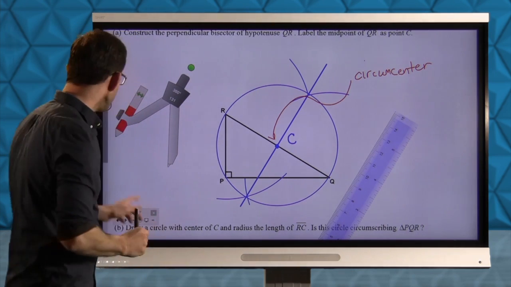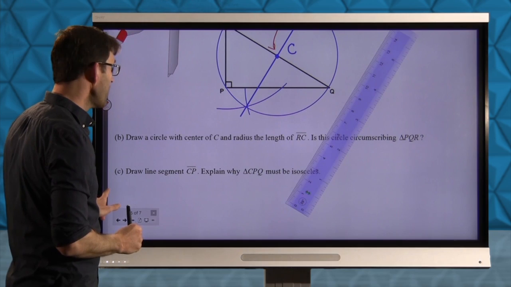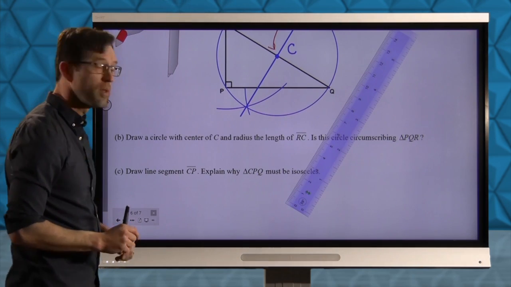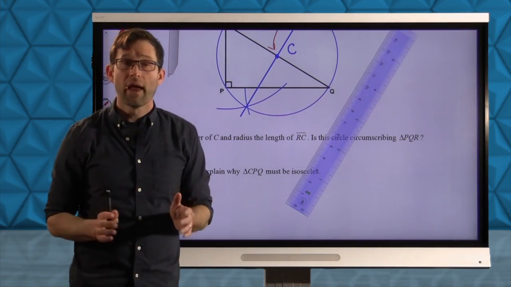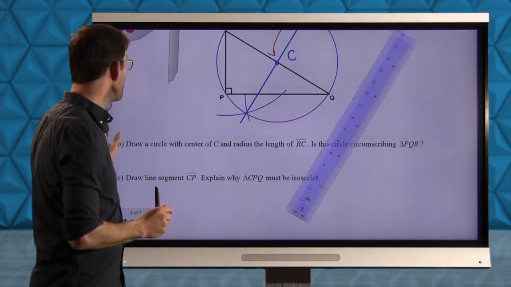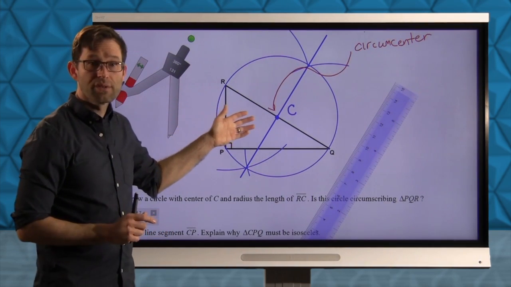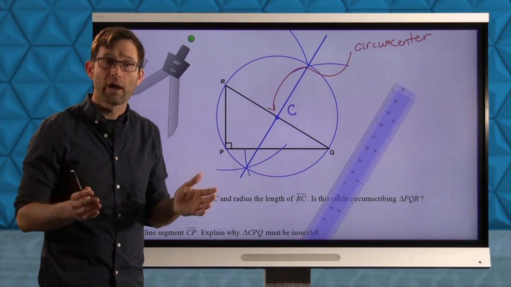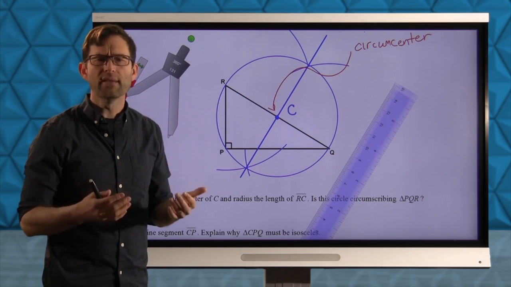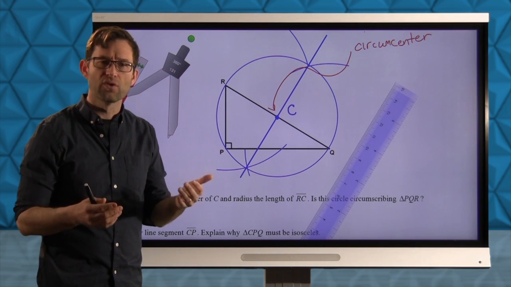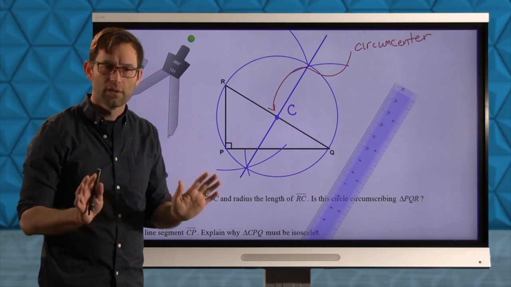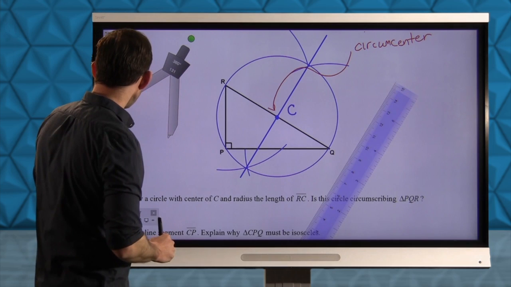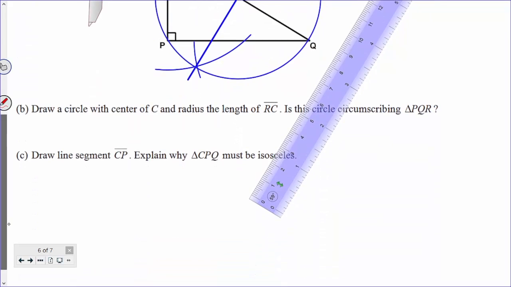And we're not really going to delve too deeply into why that is right now, okay? But it's kind of cool, and it really has to do with the fact that right triangles are really kind of half of rectangles. So we have to sort of wait until we get into that quadrilateral unit to understand this a little bit more. All right, but let's finish the problem up and wrap up the lesson, because there is one last part.